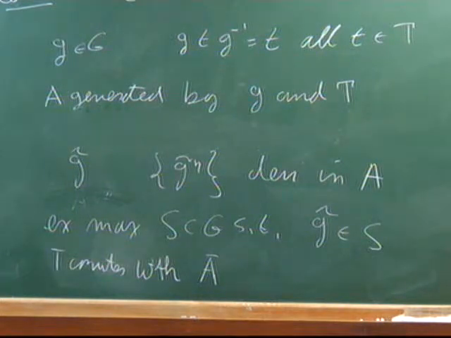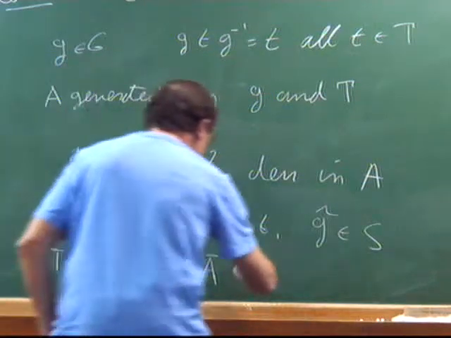I want to use the maximality of the maximal torus S. So I want to say T is contained in S. So T commutes with A bar and hence with S.